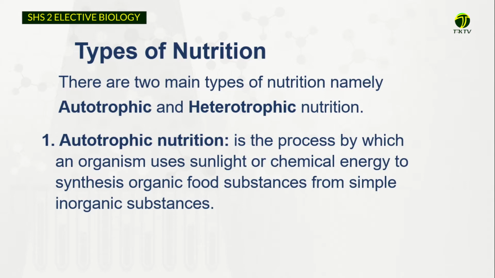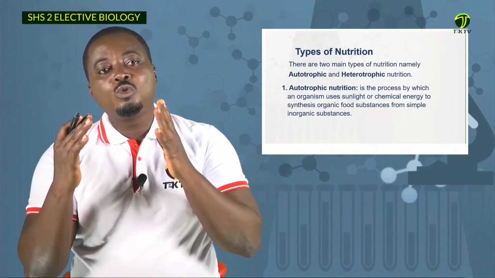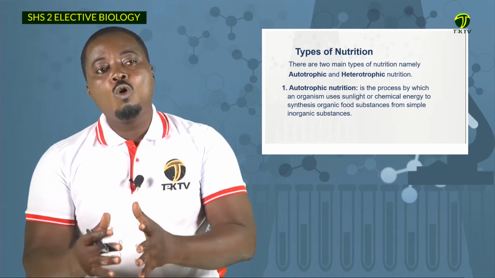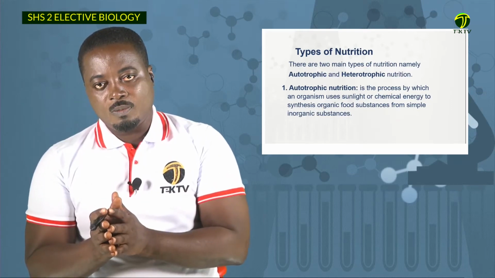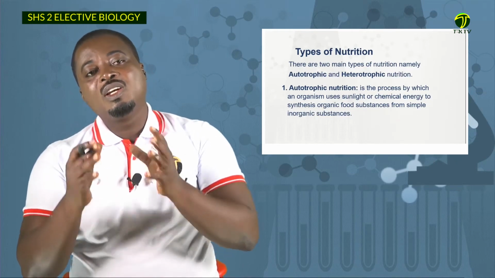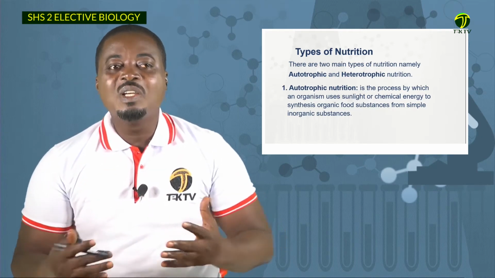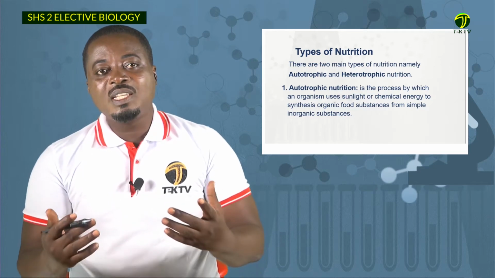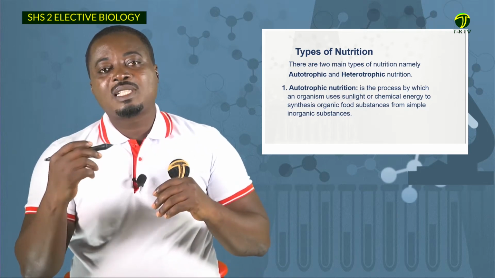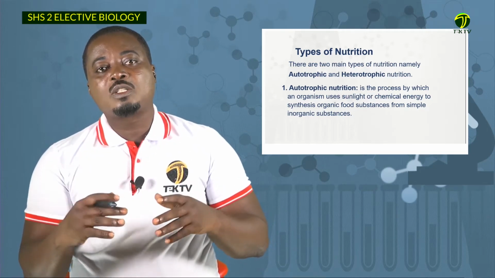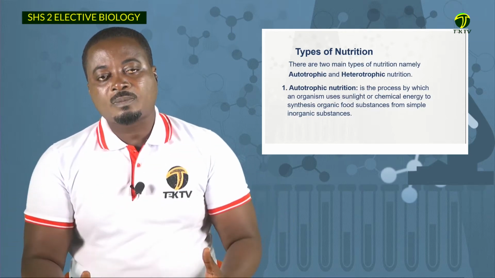What does it actually mean? It means these organisms are able to manufacture their own food from simple inorganic substances. When we say inorganic substances, what do we mean? Inorganic substances are things that do not come from living things.